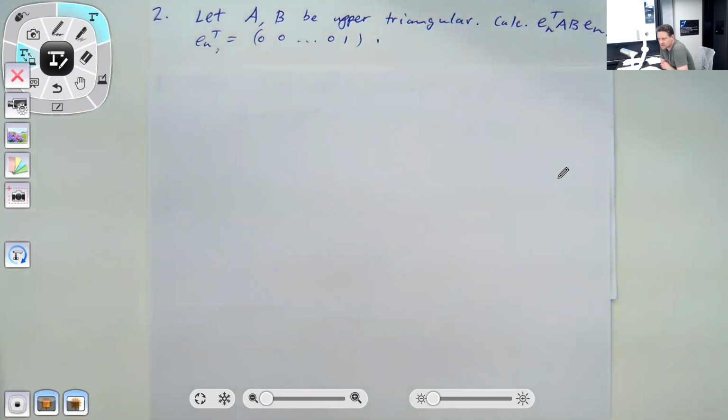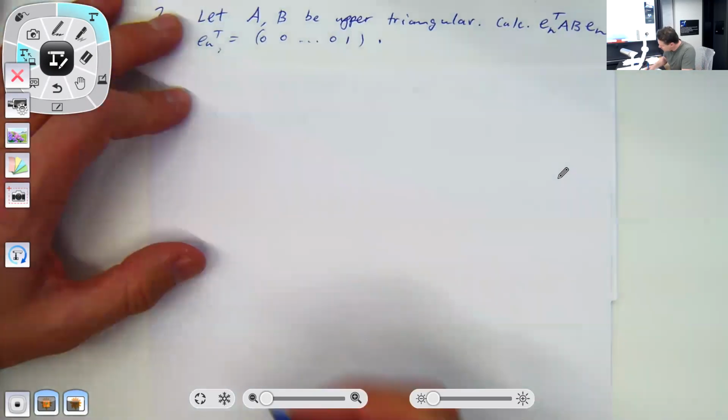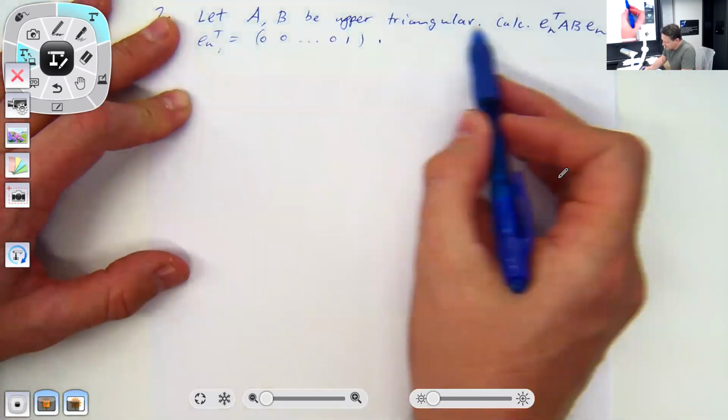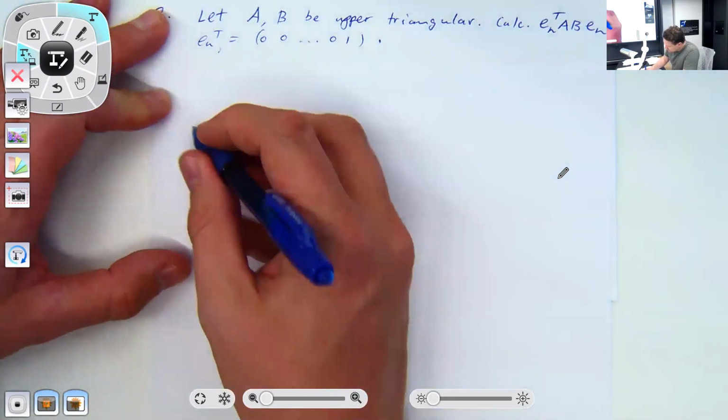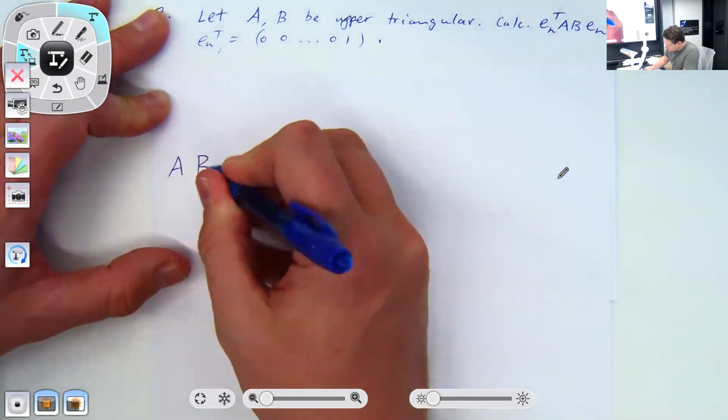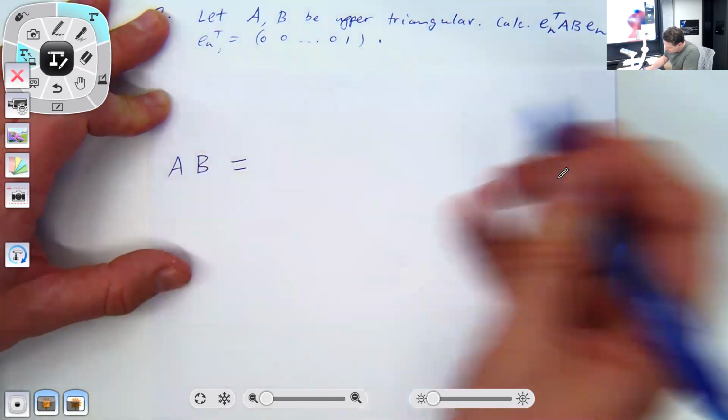Now, your job is actually a bit easier, but you would have to replace my calculations with some well-written English, okay? But what I'm going to do first, now these are upper triangular, is write an upper triangular matrix. So A, B, they're both upper triangular. The product is upper triangular.